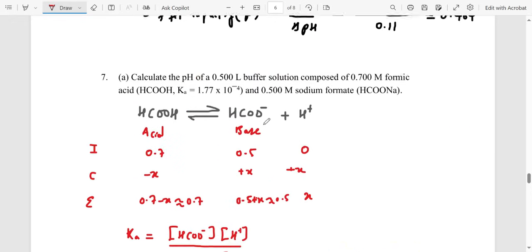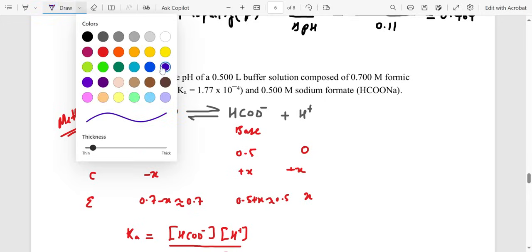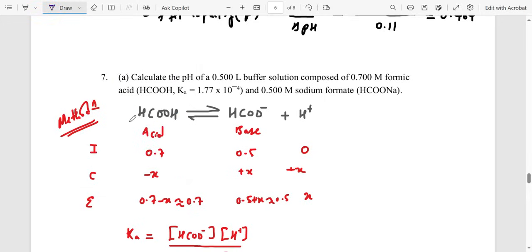So what I've used here is the ice table. That is method 1. Now, if they've given you a buffer, the best method to use is the Henderson-Hasselbalch equation, and it depends whether you have got an acid and a conjugate base, or you have got a base and a salt. So there are two forms of the Henderson-Hasselbalch equation.